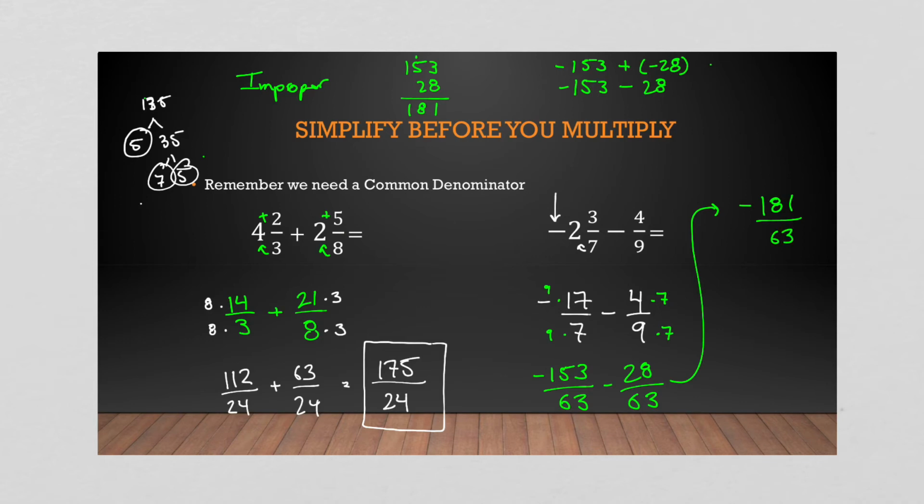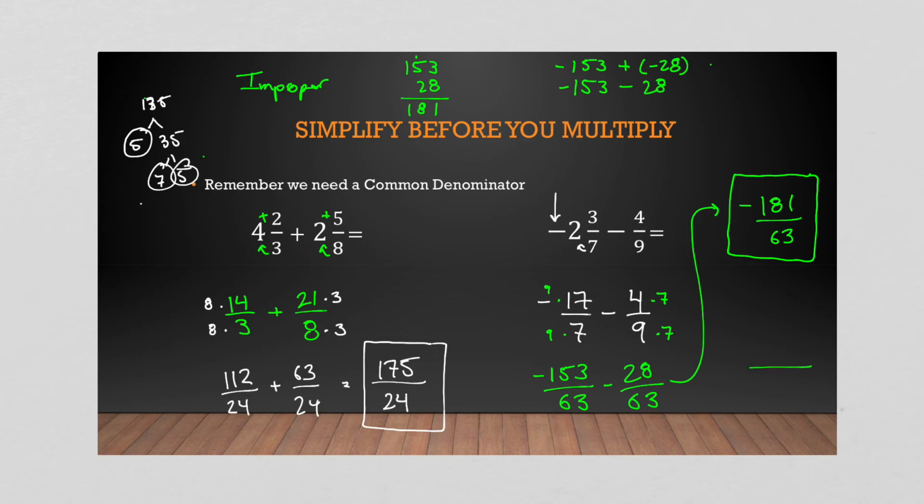Now 63 is only divisible by 7 and 9, which means 9 is 3 times 3. So if I can divide 181, you only need to try to divide it by 7, doesn't work, or by 3, doesn't work. So you know that that is simplified. If what I just did there is confusing with simplification, watch the video on simplification, but it's about identifying common factors.